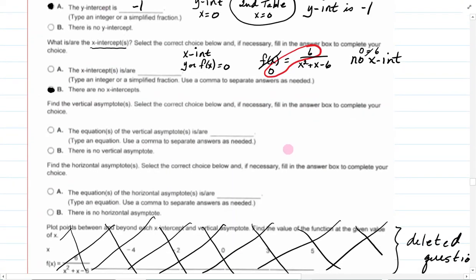Next, let's take a look at vertical asymptotes. Well, we find asymptotes and holes by looking at domain exclusions. Whoops, that's really messy.